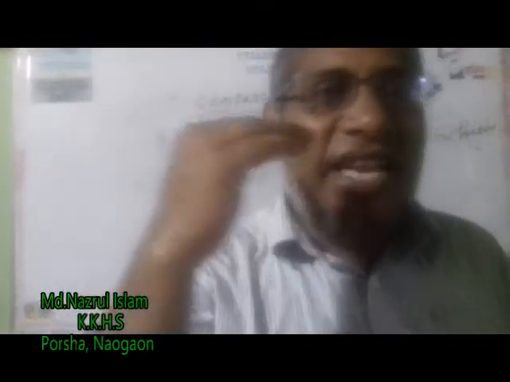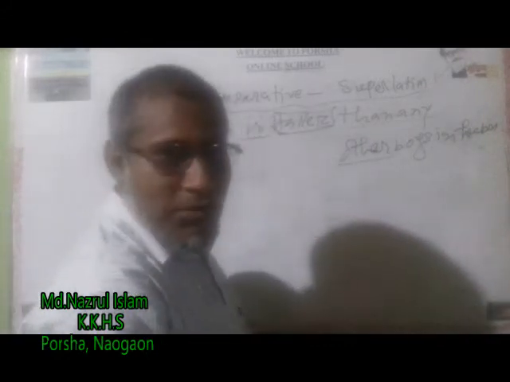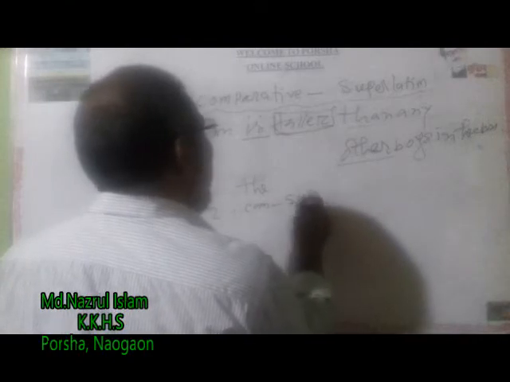So, my dear students, to change from comparative to superlative, we have to do only 3 activities. What are they? First of all, after the verb, 'the' will be used. 'Is' is the verb, so after 'is', 'the' will be used. That is activity number 1. Number 2: 'taller' is the comparative form, so it should be changed into the superlative form.